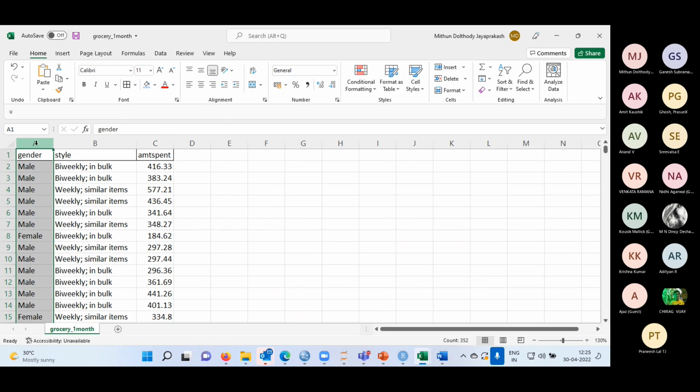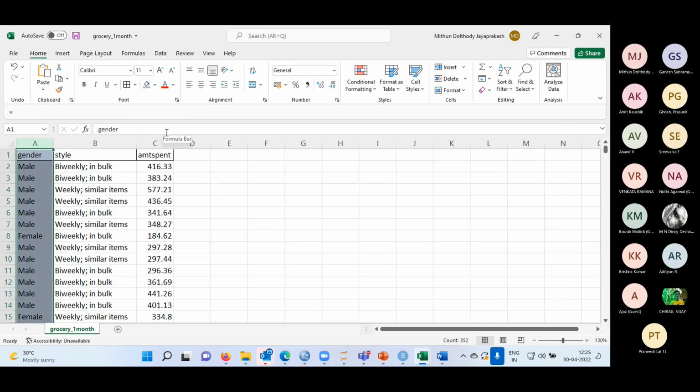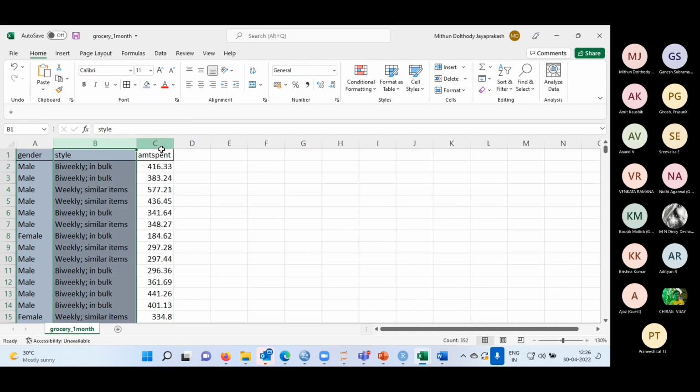The first variable is gender, which is male or female, which I'll be coloring in blue. That is your first categorical variable. Do you agree? Males or females? The second one, shopping style. There are 3 types of shopping style: bi-weekly, weekly, and often, the people who come often. This is your second categorical variable.